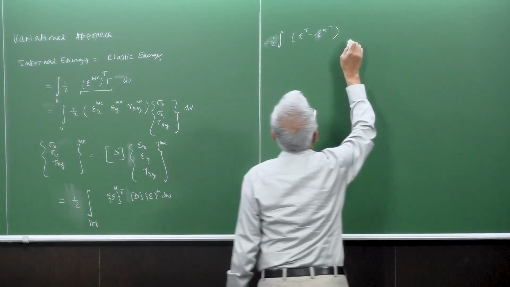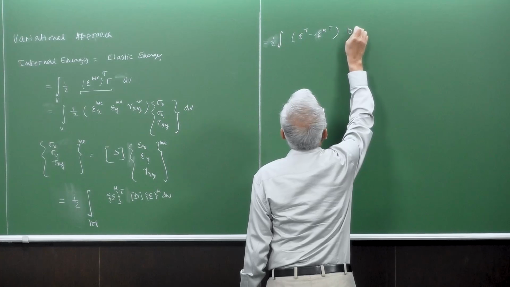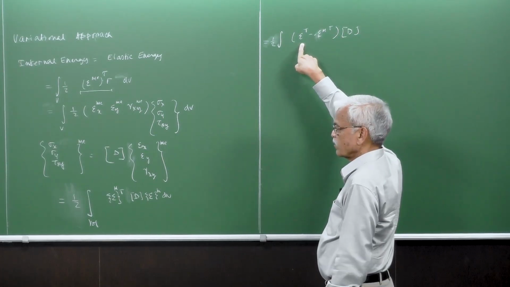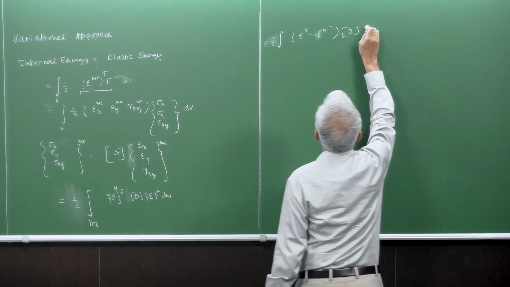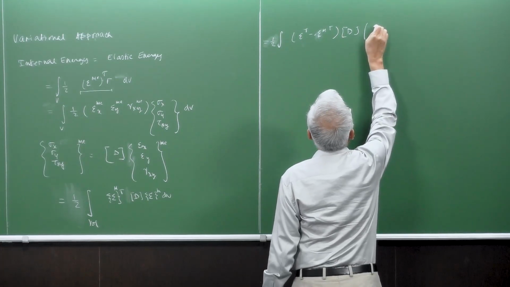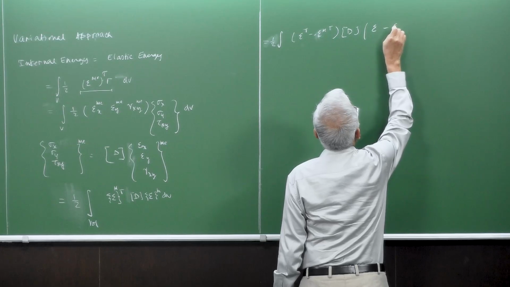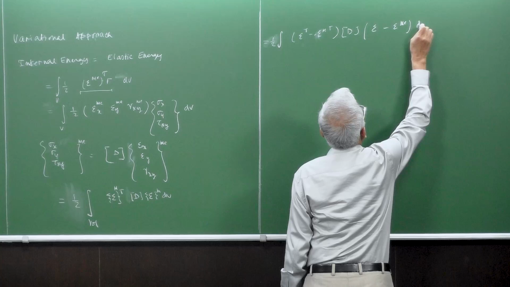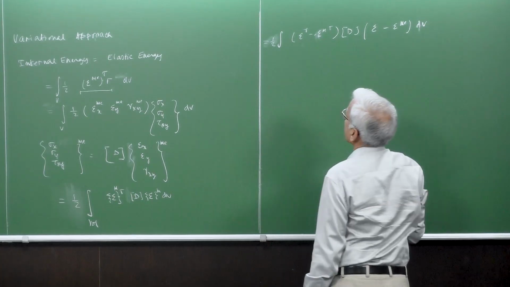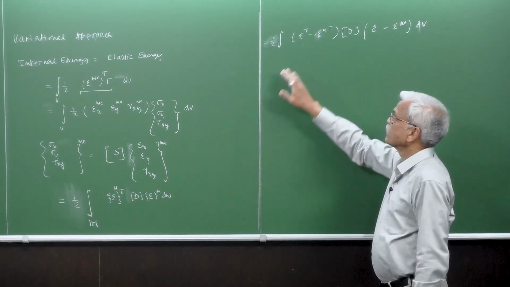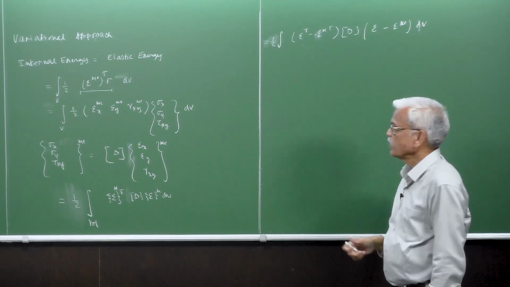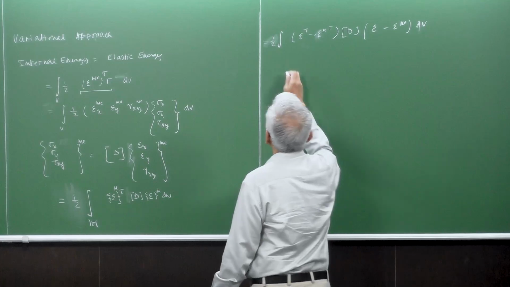I'll just write M here. Now these are all three components. Just for the sake of conciseness, I'm not writing all the components here. Otherwise, you understand it.